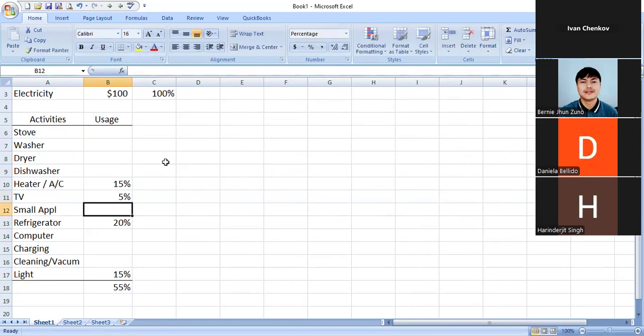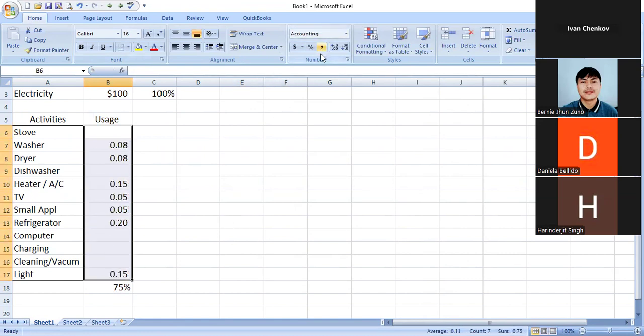Small appliances, 5 as well. Washer and dryer, 15 all together. So 7.5 for one, and 7.5 for the other one. Okay, we're on 75%, so we're getting there. What else?